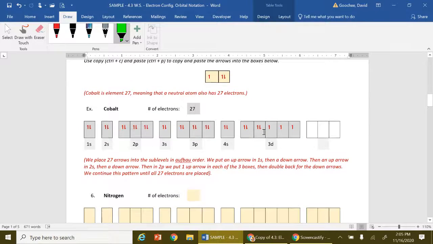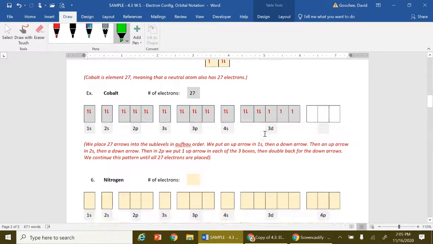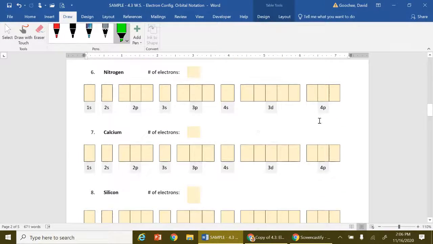So let's take a look at your actual homework, which is to fill in these electron configurations. Now, the steps are straightforward. By the way, these names here are not the same ones you have, so don't copy this directly. I am using slightly different elements, but this process is going to be the same.